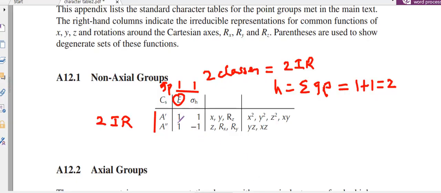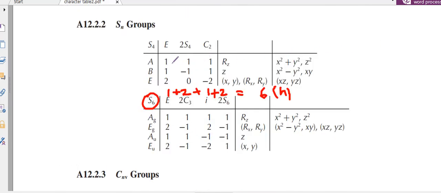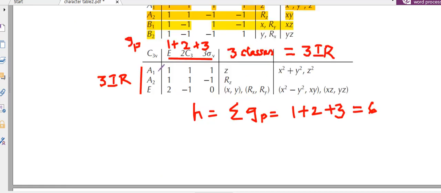Under E you find 1, and that is why you find A. And here you find under E number 1, A, number 1 once again, B, number 2, E. Here A 1, E 2, A 1 and E 2, A 1, E 2.